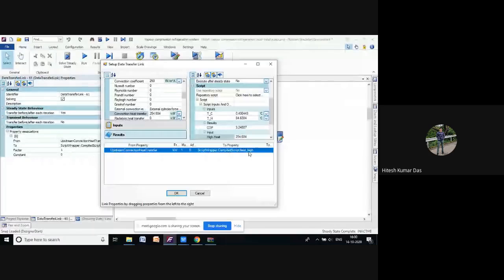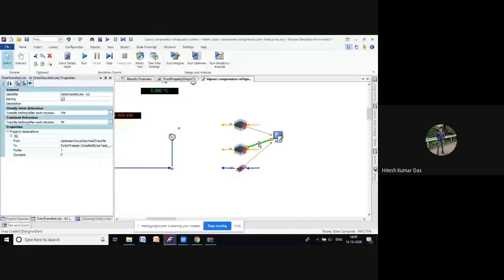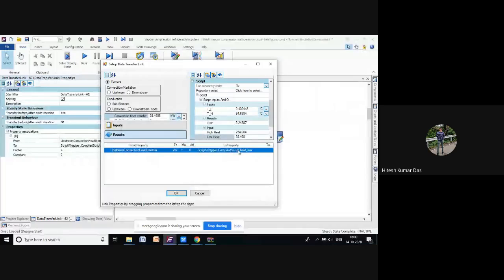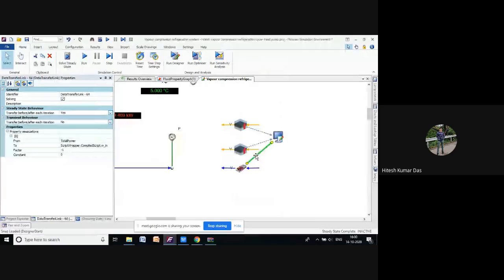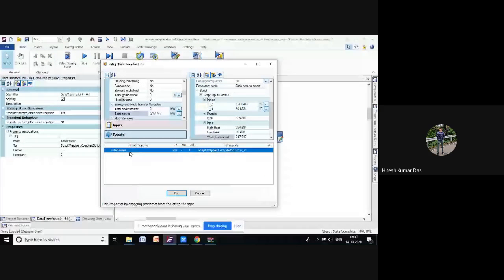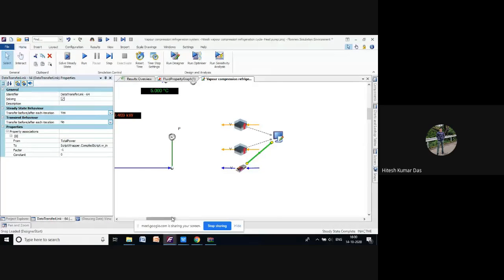The same goes for this one. If you click on it and go for detailed property association, you can see upstream convection heat transfer. We are taking it to the same heat low value, which is happening in the evaporator. Same for the compressor. We are introducing the total power of the compressor to the script W inlet. So as work is consumed here, the same thing we have added here.